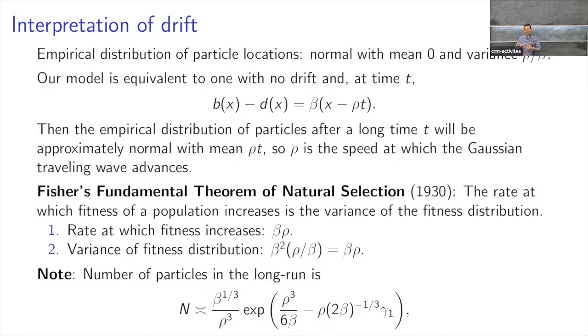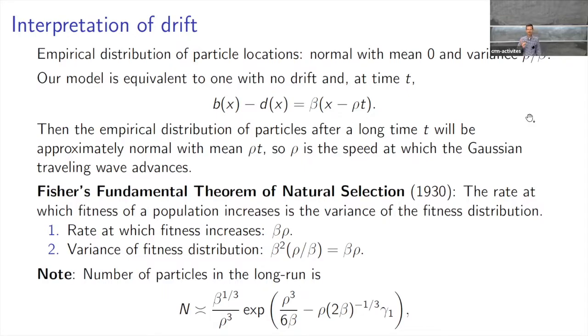Now, at first glance, that may seem a little bit different from the conjecture that I mentioned in the previous lecture, which is that the fitness distribution should evolve over time like a Gaussian traveling wave. But this turns out just to be a matter of how we interpret the drift, because our model is basically equivalent to a model in which there is no drift, but at time t, the difference between the birth rate and the death rate is βx minus ρt.